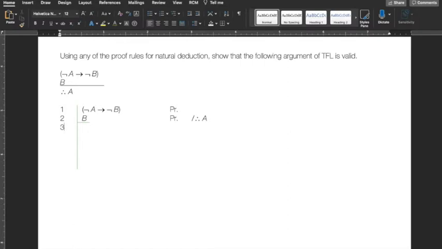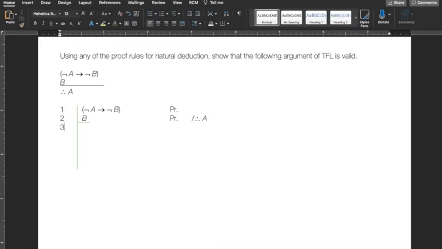Well, we can't use B to apply any rule to 1. B is not the negation of not B, so it doesn't allow me to directly apply modus tollens. But if I could somehow get not B, I could use modus tollens here.